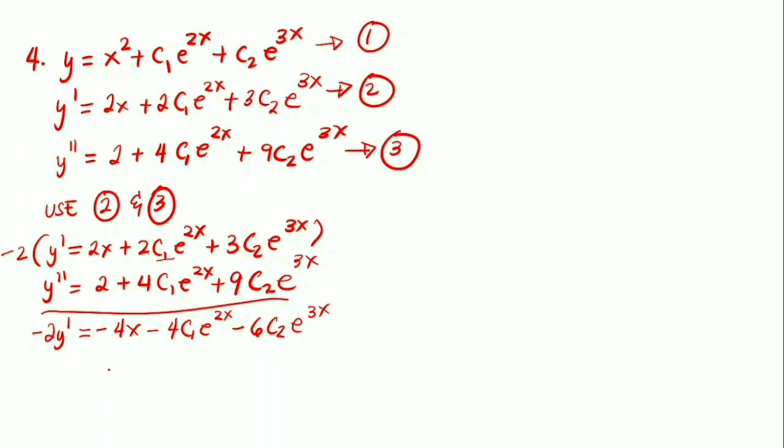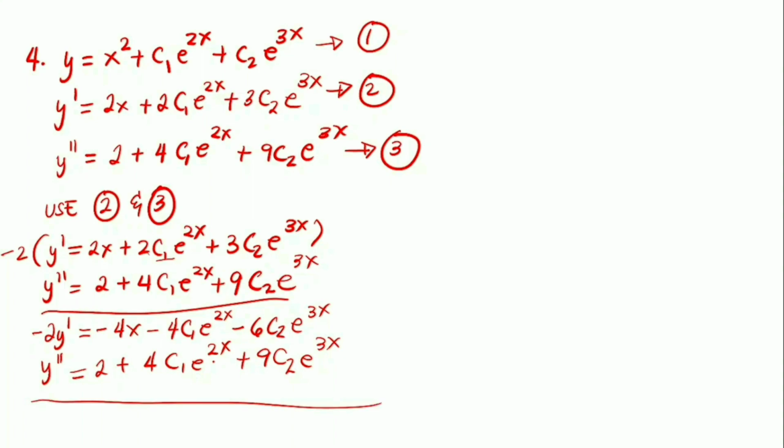So, copy the equation 3. Y double prime is equals to 2 plus 4c sub 1 e raised to 2x plus, sorry, plus 9 times c sub 2 e raised to 3x.